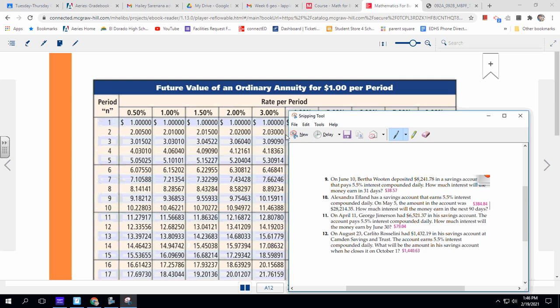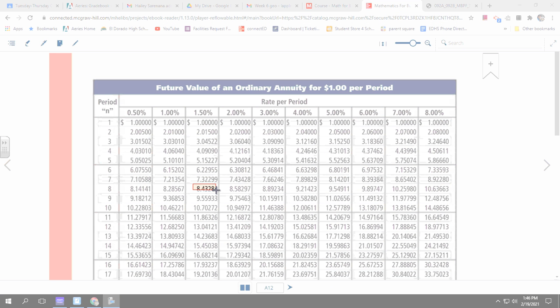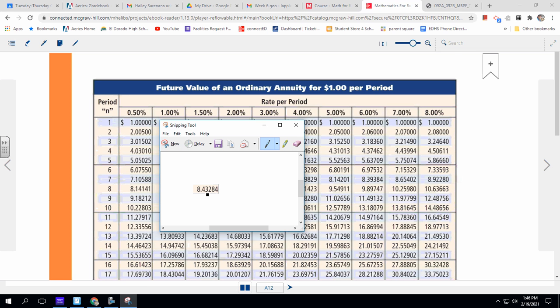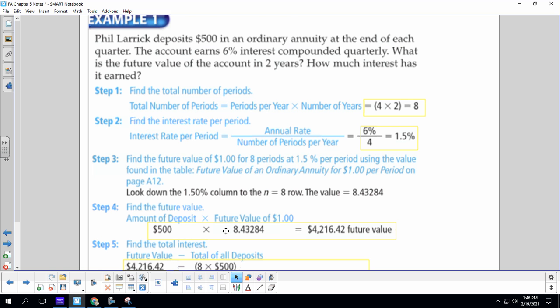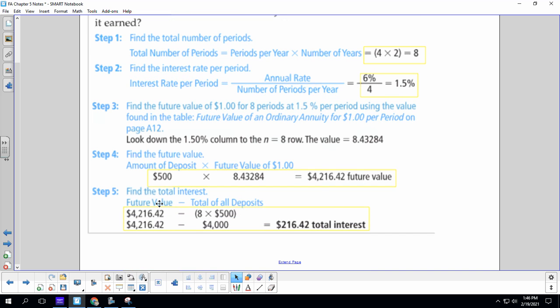So our number is 8.43284. That's where this number comes from. We multiply it by $500 because that's how much we're putting in. And after 2 years or 8 quarters, the amount we have in our account is $4,216.42.